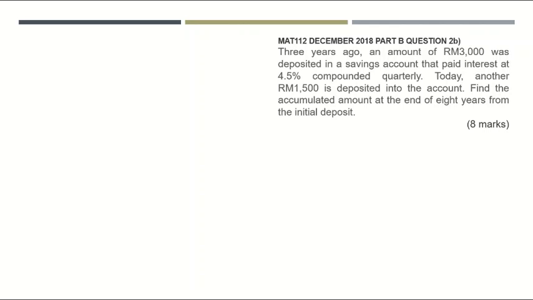The first information that you have is 3,000, which is 3 years ago. Then you have the interest at 4.5% compounded quarterly. Today another 1,500 is deposited, and then they ask you to find the accumulated amount at the end of 8 years from the initial deposit.